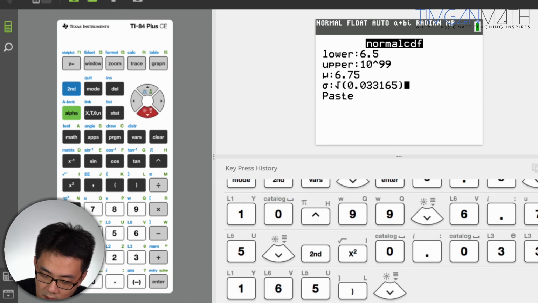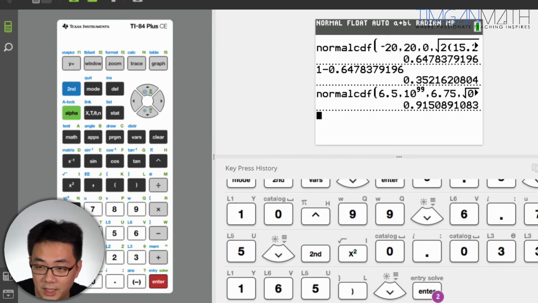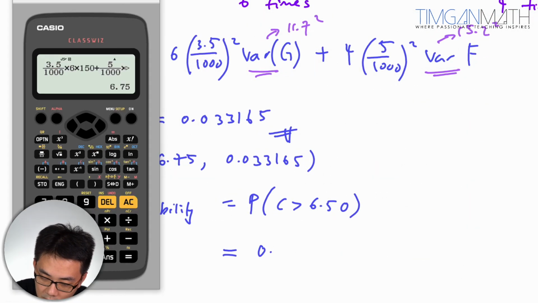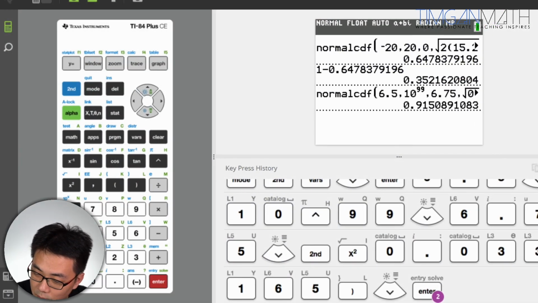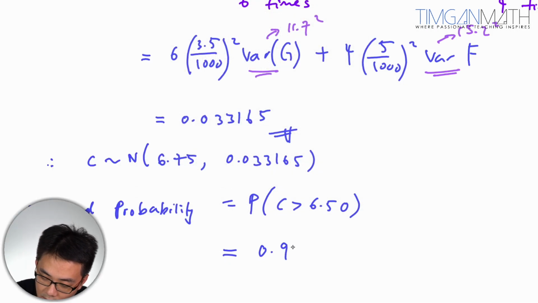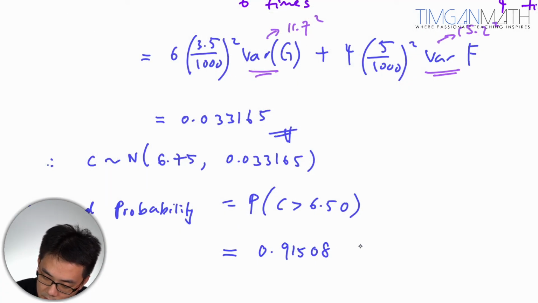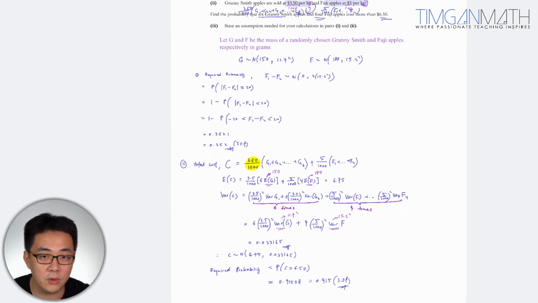Keying in the calculator there, you'll get 0.91508. A lot of things, right? So 0.91508 to 3 significant figures. Okay, that's how we do this question proficiently.